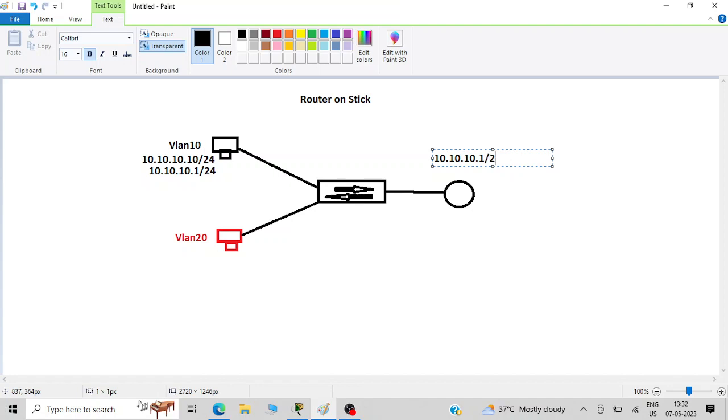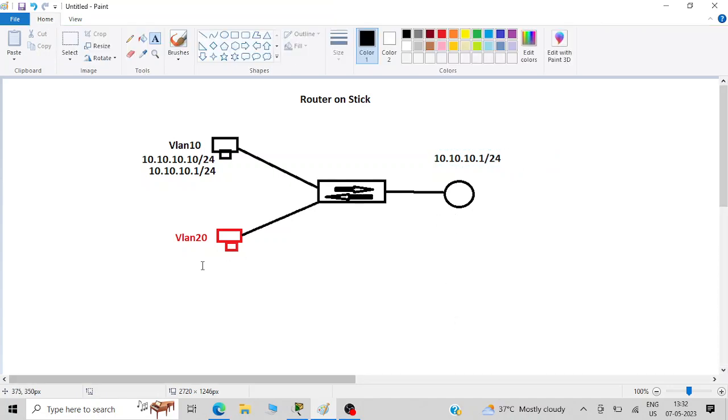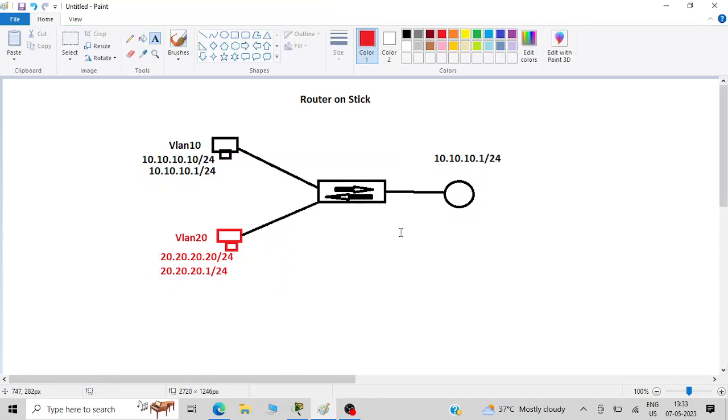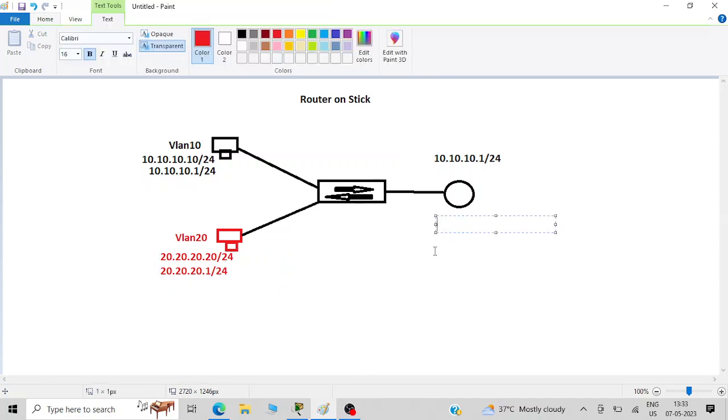The VLAN 20 subnet is, let's say, 20.20.20.0/24, and the gateway is 20.20.20.1/24, and this gateway is also sitting over here on this router.